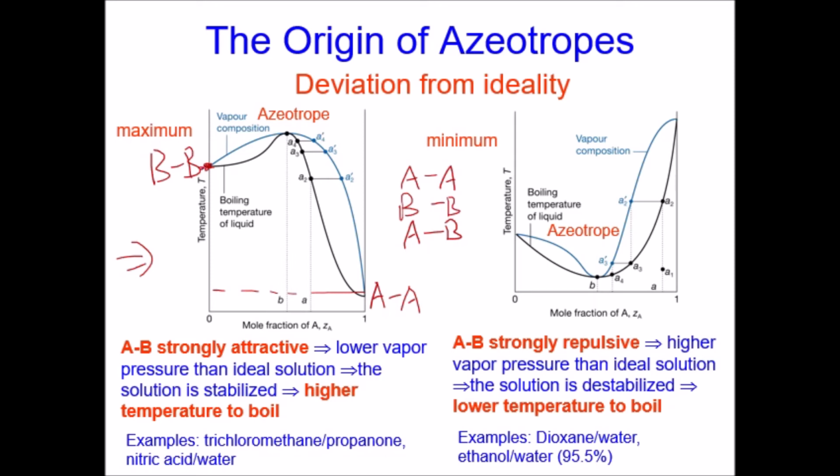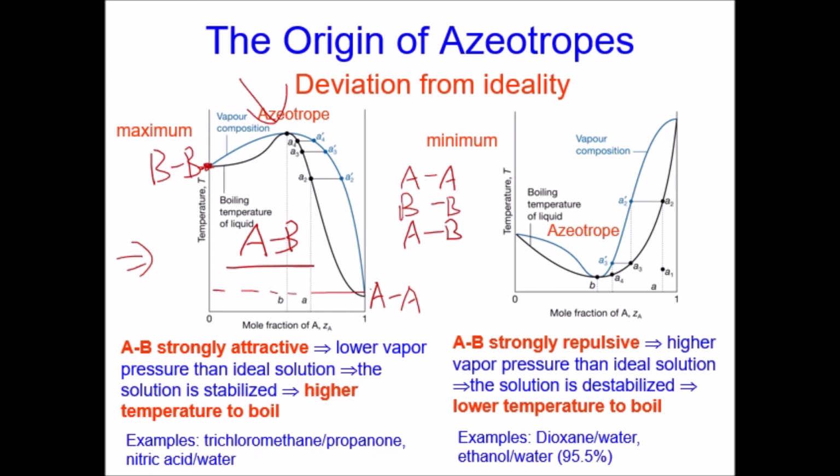The boiling point of B is higher than A. Now, why do you have an azeotrope that has a maximum boiling point? Well, that indicates that the A and B intermolecular interaction is strongly attractive, so that you need an even higher temperature to break apart the intermolecular interaction and become gas phase. Examples include trichloromethane-propanol mixture or nitric acid-water mixture.